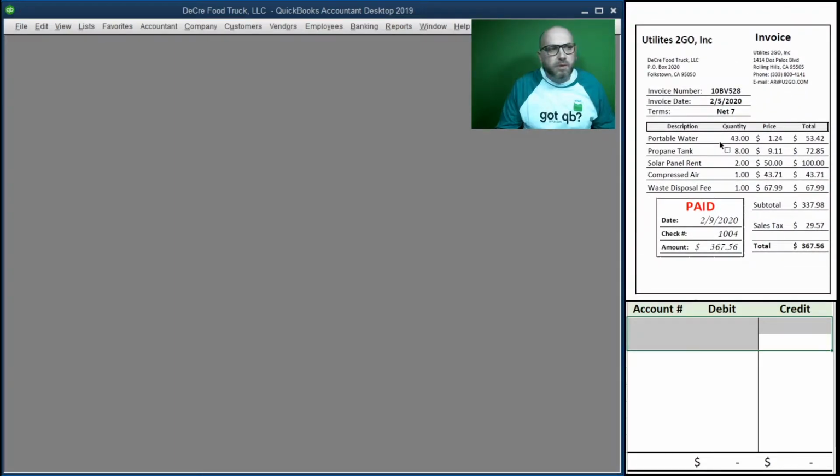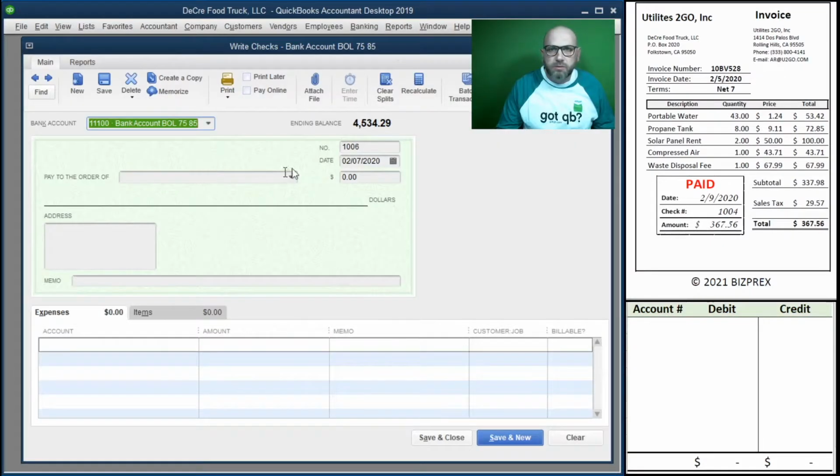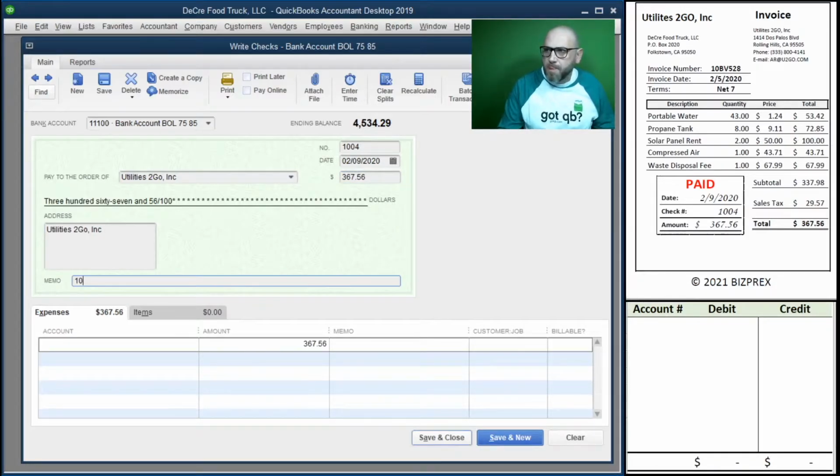Next one was paid by check. So we're going to go write checks. Right? Make sure the check number is correct right here. Date. That's our utilities.